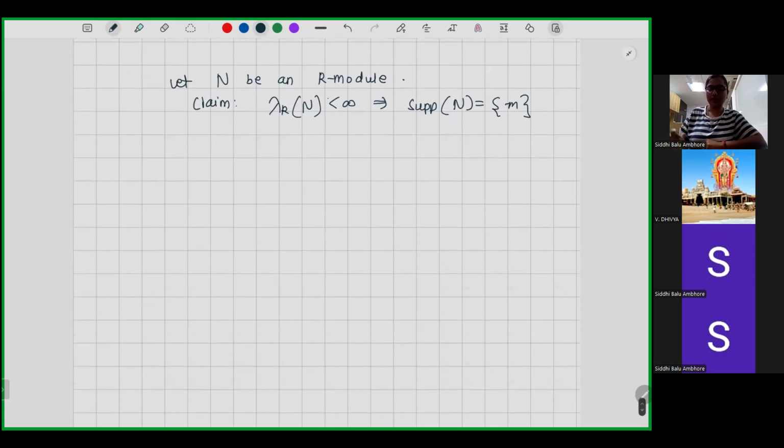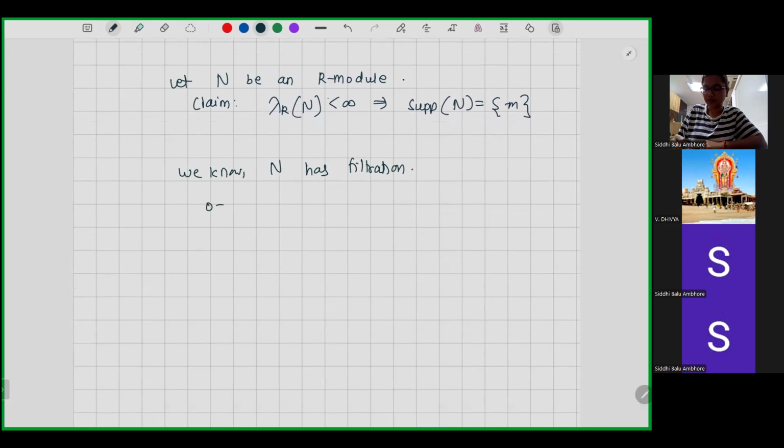Okay, so let us start with: we know that N has a filtration. The moment we say that the length of N is finite, then N has a filtration. That's the definition of length of a module.